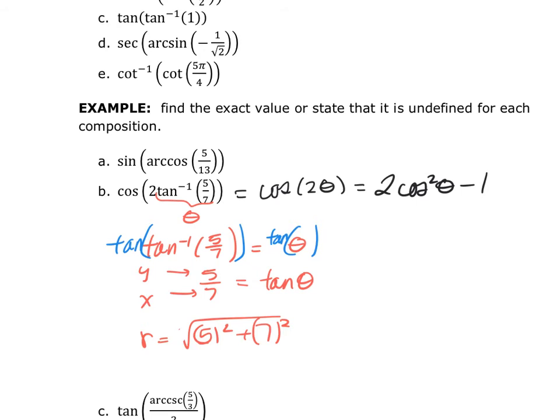And what is 49 plus 25? 74. So I have the square root of 74. So that means that this is equal to 2 times the cosine, which is 7 over the square root of 74, the quantity squared, minus 1.